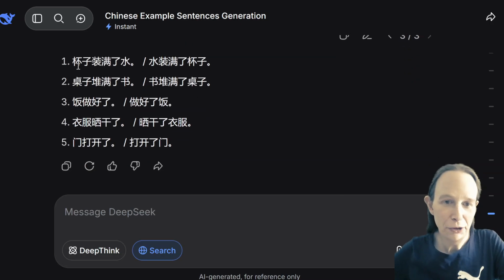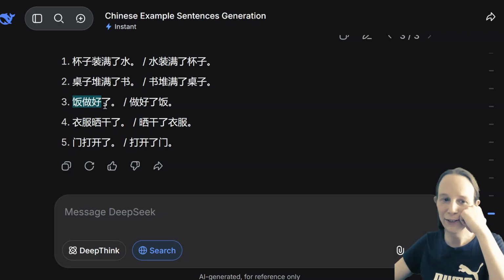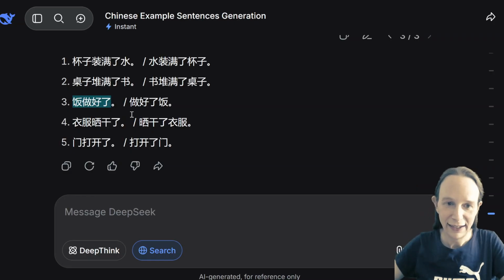杯子装满了水，水装满了杯子。桌子装满了书，书装满了杯子。饭，做好了，做好了饭。The 饭做好了, there's no subject. Yeah, here there's a subject. Actually, 饭 is the subject here.